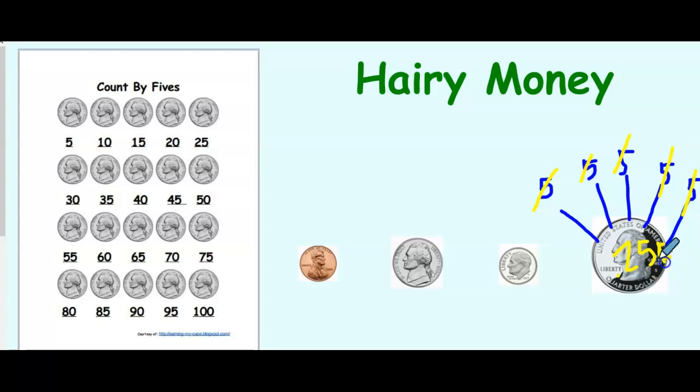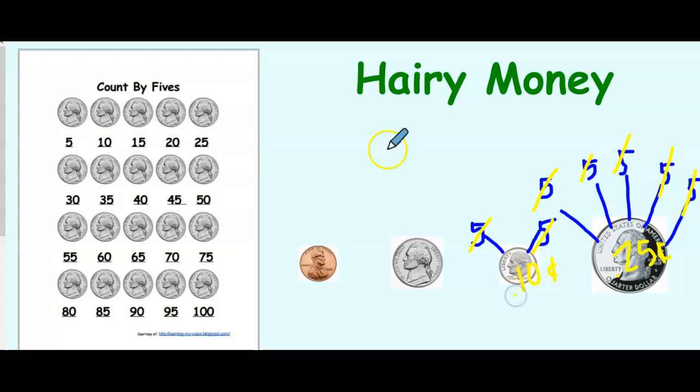Can you remember how many hairs belong on a dime? That's right, 2 hairs. And if we write fives at the ends of the hairs, how much do we have? 5, 10. That's right, a dime is worth 10 cents.